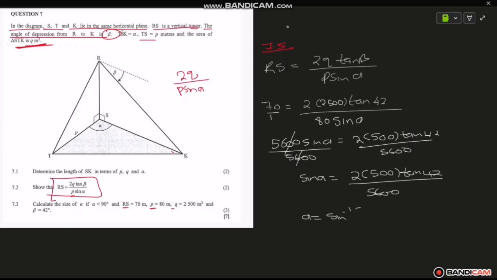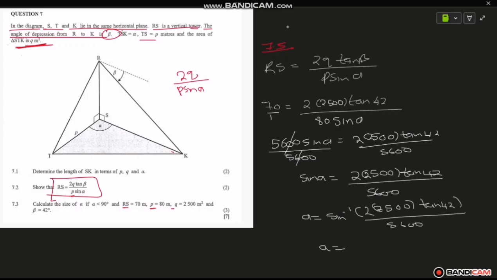Sine A equals arc sine of 2 into 2500. I made a mistake up there, so put these to be 2500. So 2 into 2500 tan 42 over 5600.